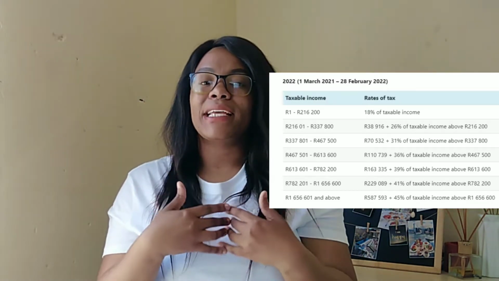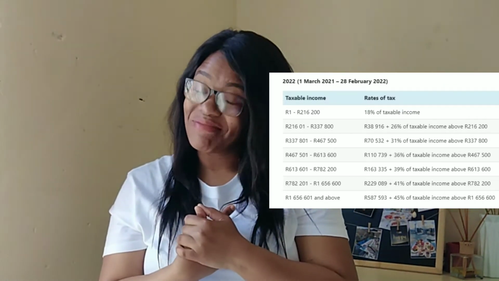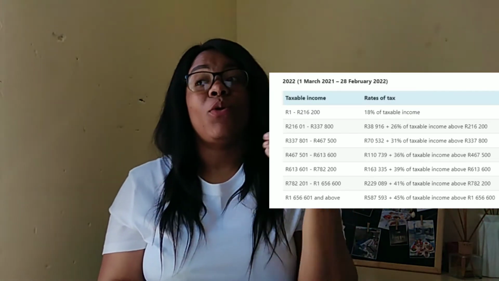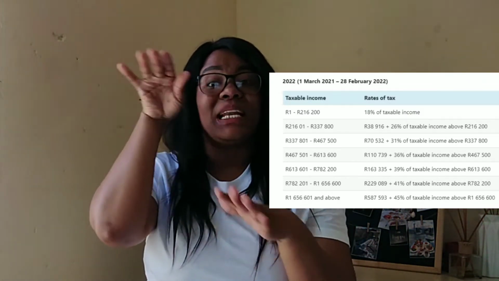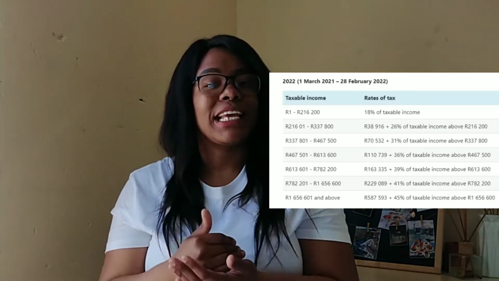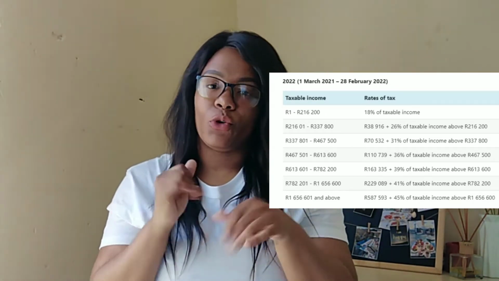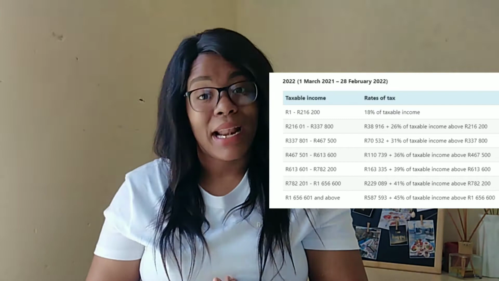So we are taxed on a sliding scale, meaning the more you earn, the more you are taxed. I know it sucks. So people making millions per annum, at least employees, are taxed higher than people who are making 200,000 per annum, right?